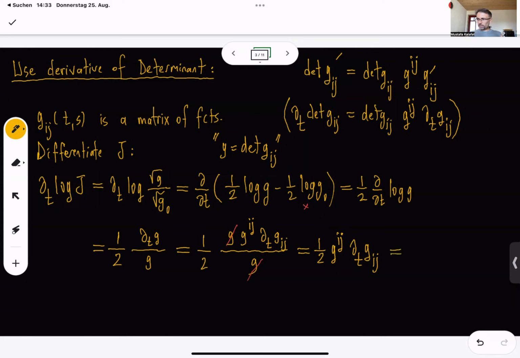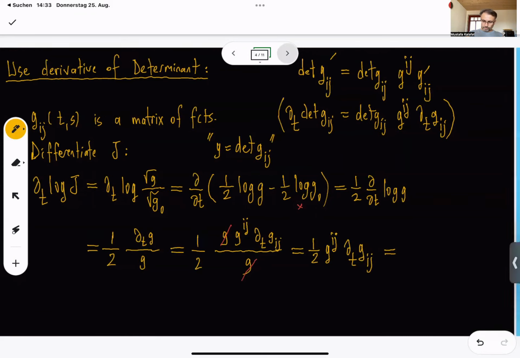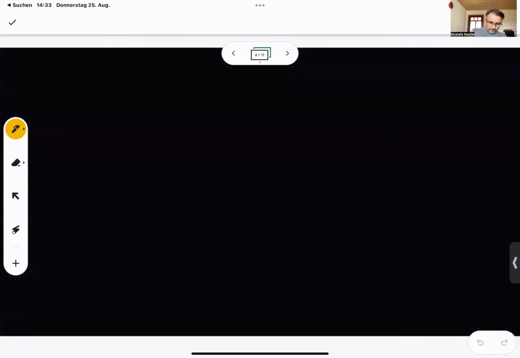If you want to open this up, the inverse matrix stays, and there is a derivative of the metric. That's going to be 1/2 gij.